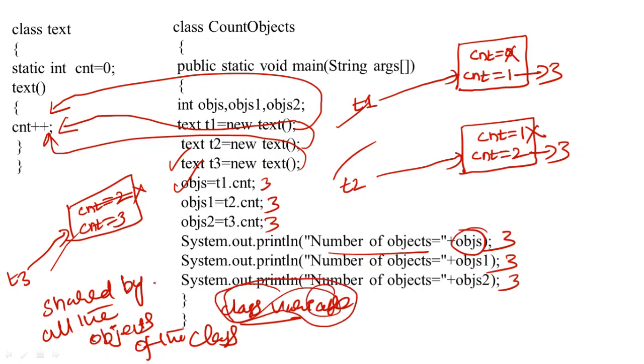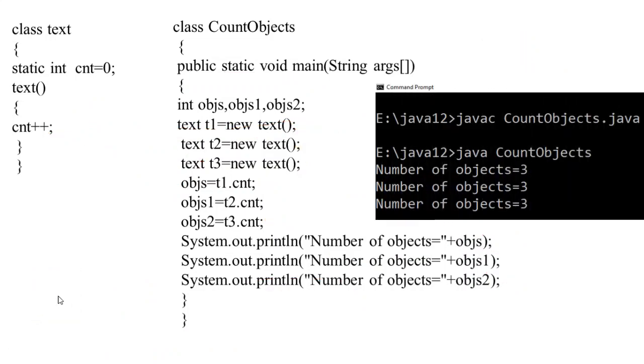The value in a static variable can be shared by all the objects created for that particular class. That's why you are getting the same 3. How many objects did we create here? We created 3 objects. That's why you get the same output, as it is a class variable shared by all the objects.